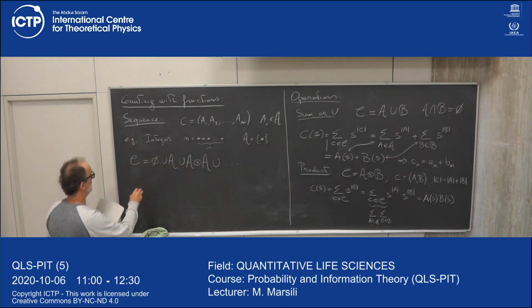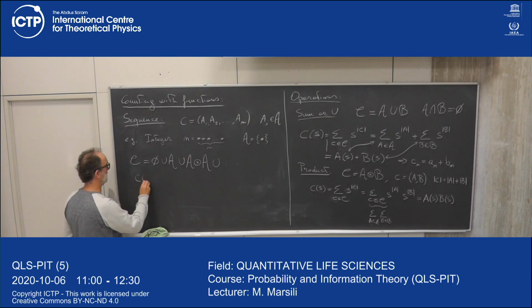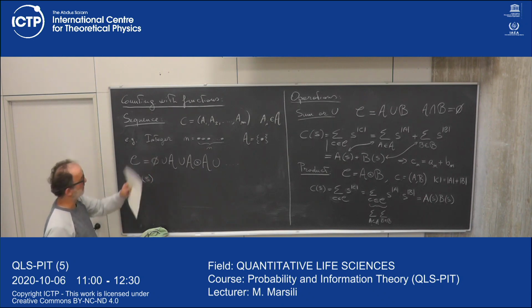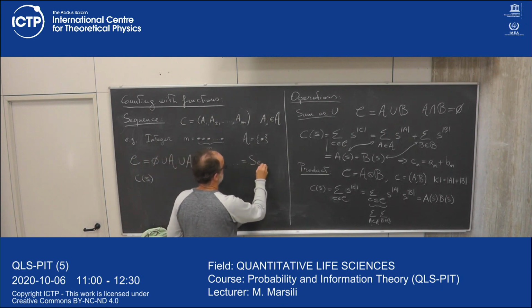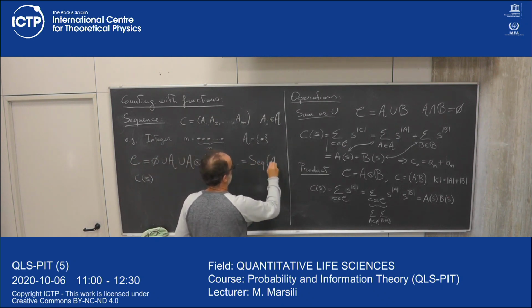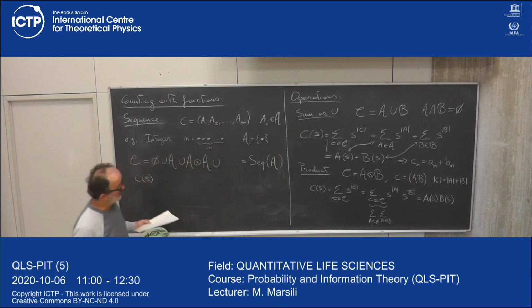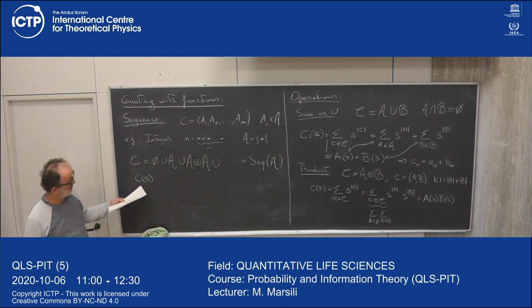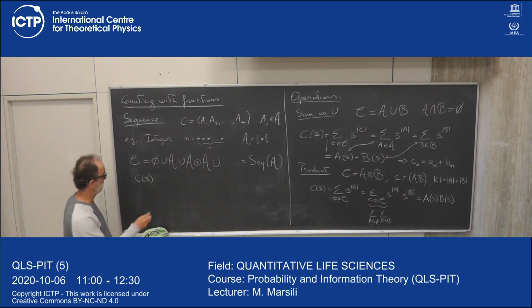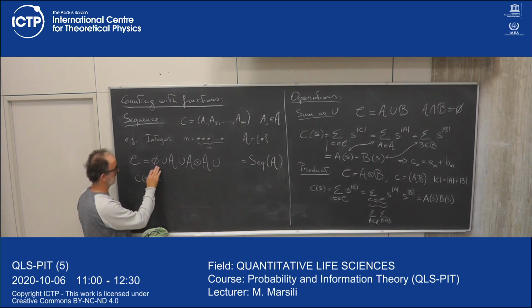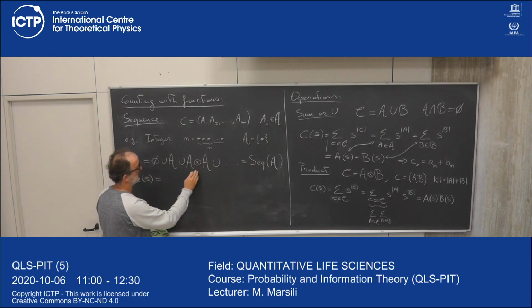Now, the generating function of the set C of sequences, we write this as sequence of A. The generating function of the set of sequences can be computed from this, because it is just the sum of the generating function of this plus this plus this.